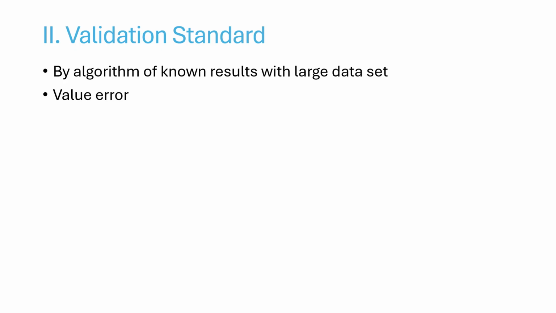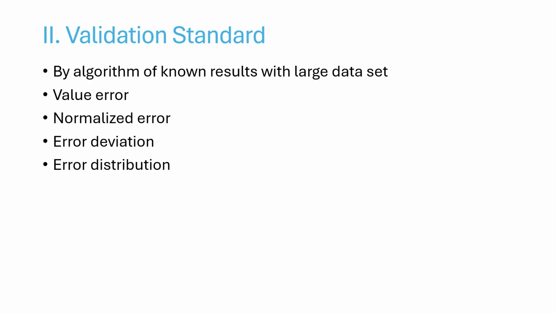It's a calculation result minus the expected known result. The second one is a normalized error, which is a value error normalized by the calculated uncertainty using StatisticalTaylorExpansion. The third thing is called error deviation, which is the deviation of the normalized errors. And also error distribution, which is a distribution or histogram of the normalized errors.